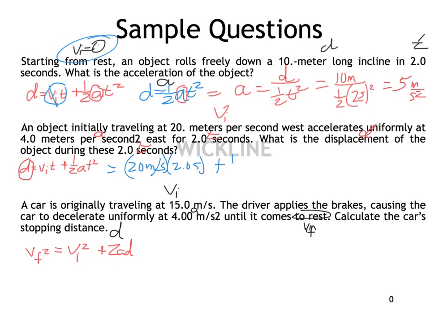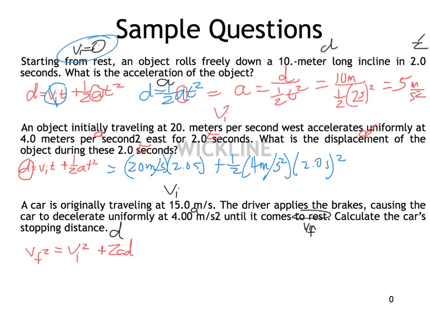And we're going to add to that the quantity 1/2 A. A is in the question stated as 4 meters per second squared. And then we have T squared. And T was 2, but it's going to be squared.